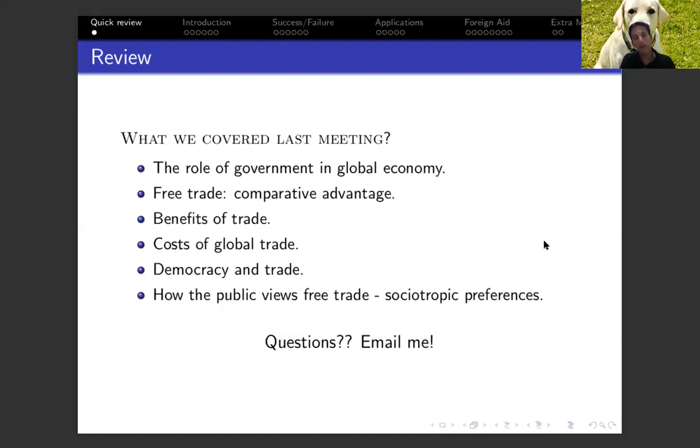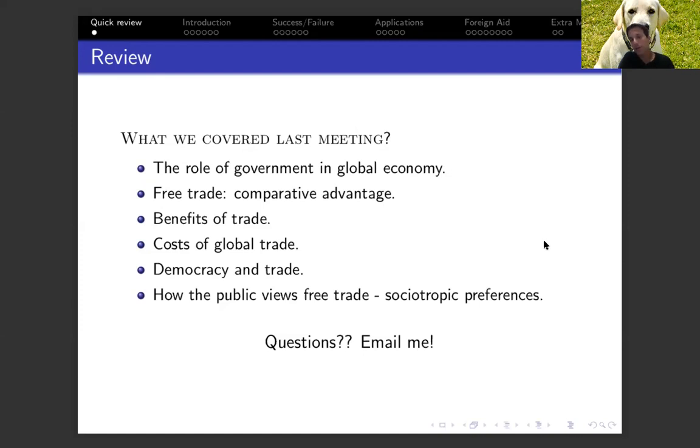I talked about the study by Lee and Ruveni about whether trade actually offers support for democracies or not. We talked about different mechanisms in which trade supports democracy, or different mechanisms in which trade actually harms democracies.